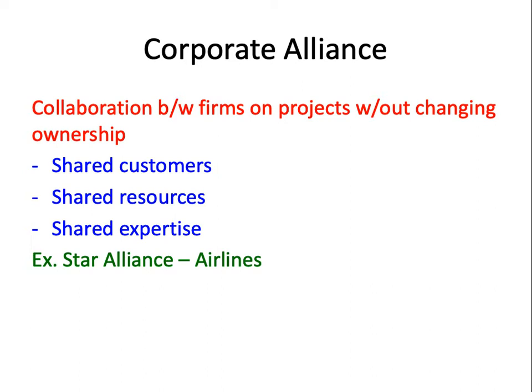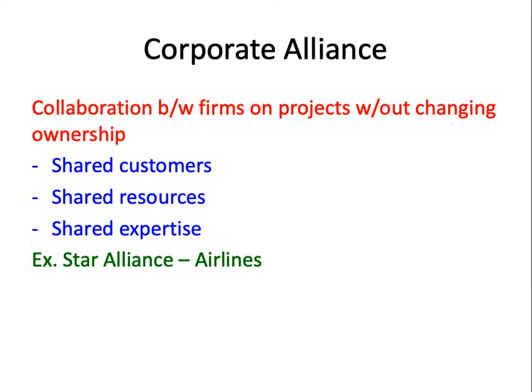And so they want to be part of the Star Alliance, where they will fly somewhere, and then you'll transfer planes to another flight on one of the other Star Alliance members, so that the customer that originates from Toronto will fly on Air Canada and then go to another airline. And so then you can share customers with other airlines, right?